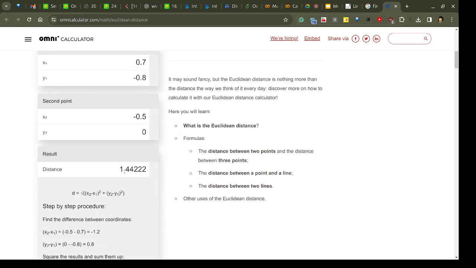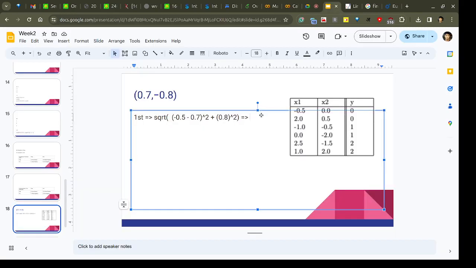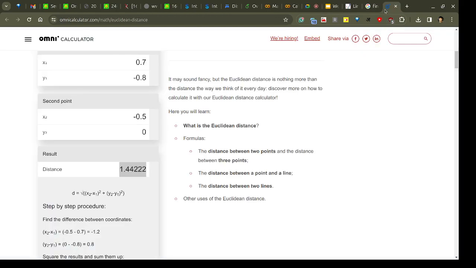So this is the distance, 1.4222. Yes, I got that. The same we have to repeat for the others. Second, we do the same with 2.0, 0.5, and the distance is this one.